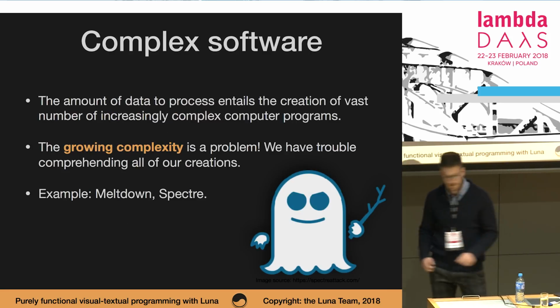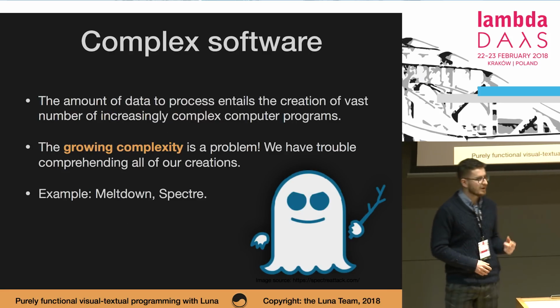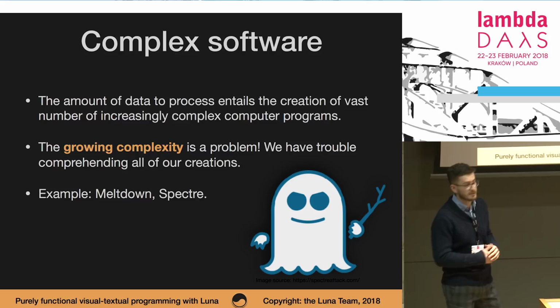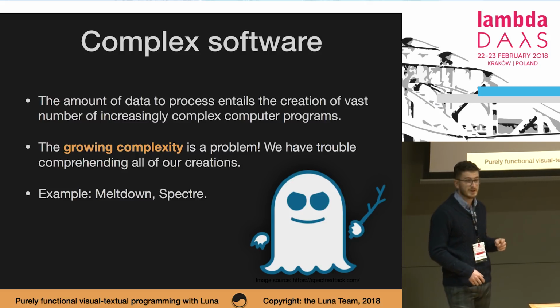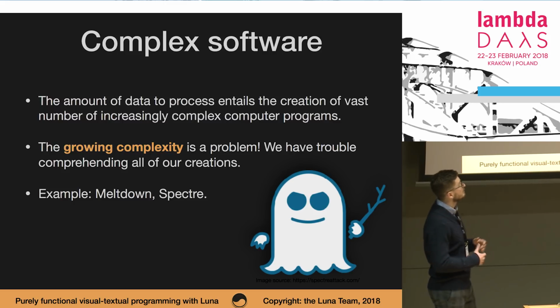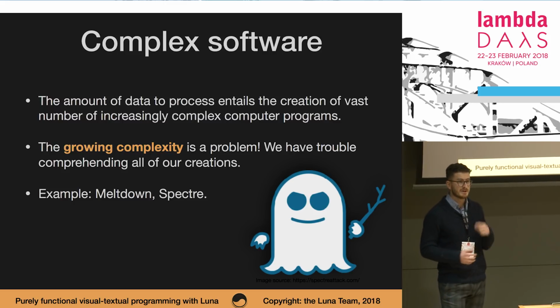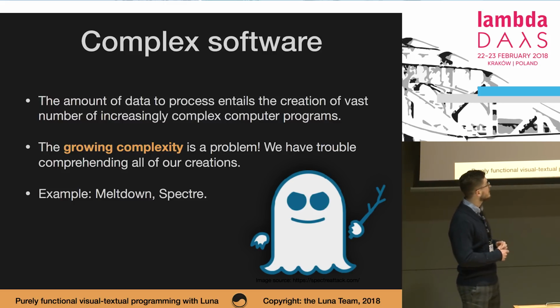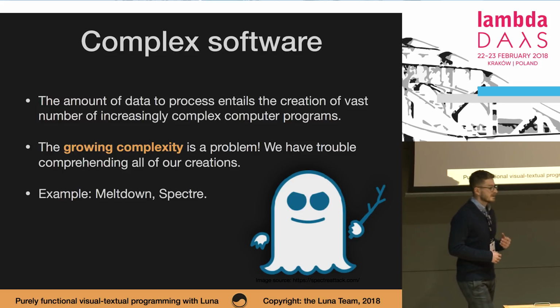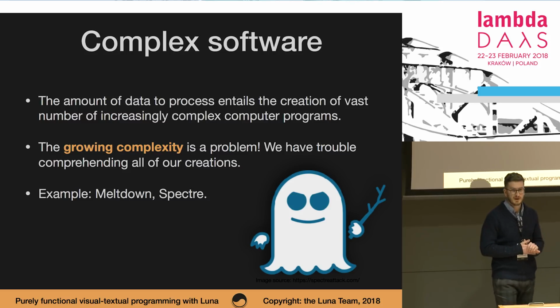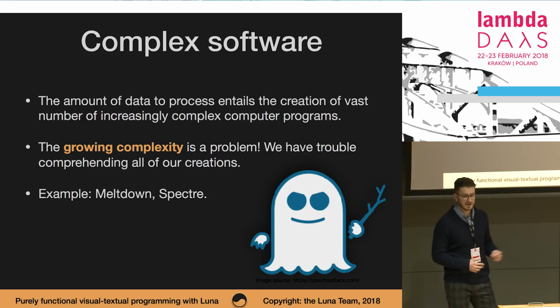But this all leads to the creation of lots of programs, lots of software. And what's worse, the software is becoming increasingly complex. This is something that we heard about in the fantastic keynote today. This growing complexity is a problem as programs are becoming harder to comprehend.